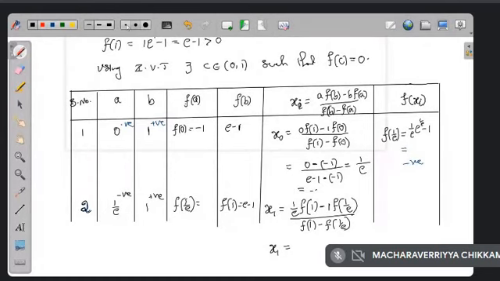Function value, sir. I'm asking 1 by e. Yes, 1 by e, because I want to know x0. I'm just asking 1 by e. 0.3678. You better take one more digit also. What is there after 0.36?